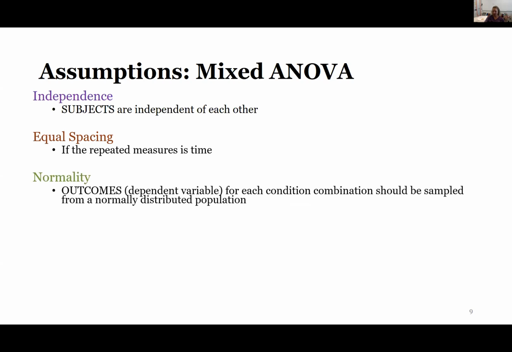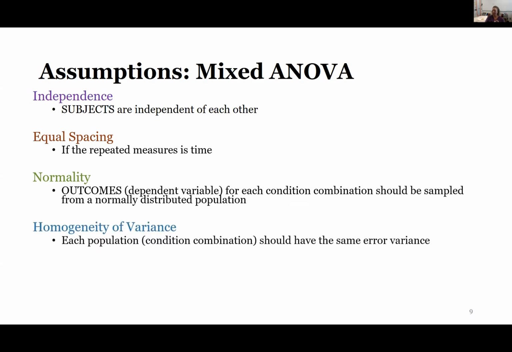We have the normality assumption that the outcome, the dependent variable, for each time point or each repeat for each group is normally distributed. Are these looking familiar? Yeah. Homogeneity of variance, that the outcome has the same variance, the same spread for each group at each time or each repeat.